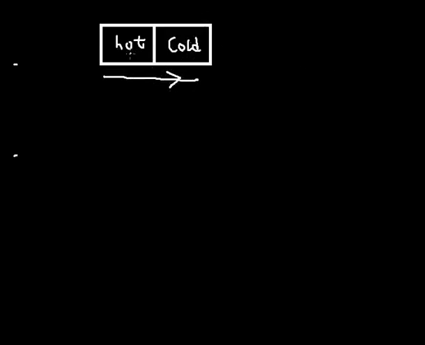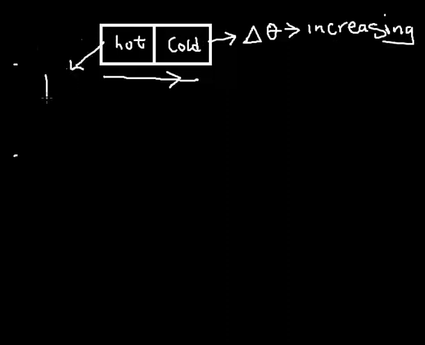I can know the direction of the heat if the temperature of the cold object is increasing, and I measure the temperature of the hot object and discover that it is decreasing. Of course, I will measure that with a thermometer. Then I can simply say that the heat is flowing from this object to this object. That's the direction of the flow of heat.